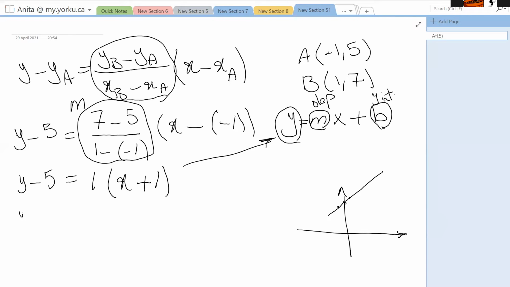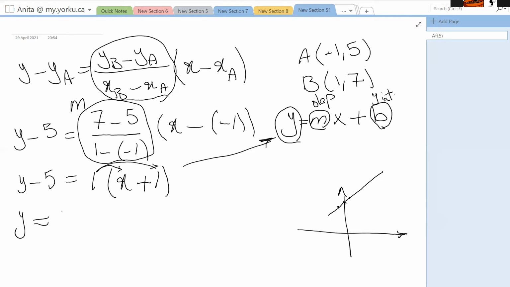So therefore, it's going to be y equals. Because 5 is going to go over. So 1 times x and then 1 times 1. Can you tell me, 1 times x plus 1, what would it be? It will be 1x plus 1.